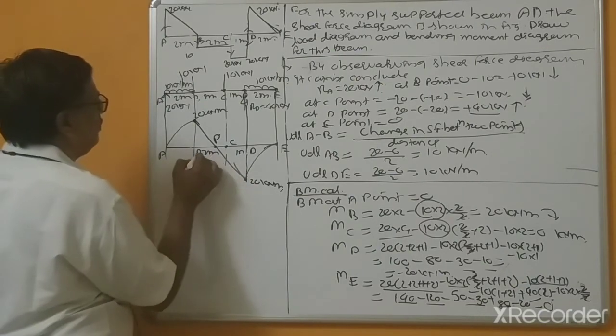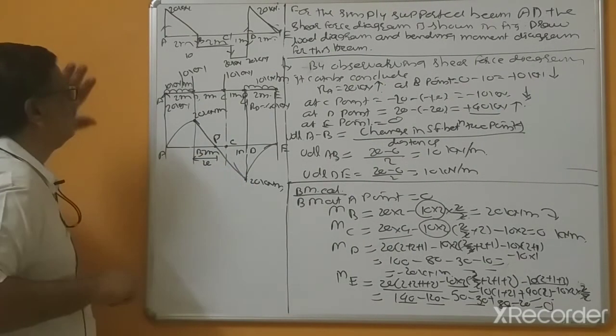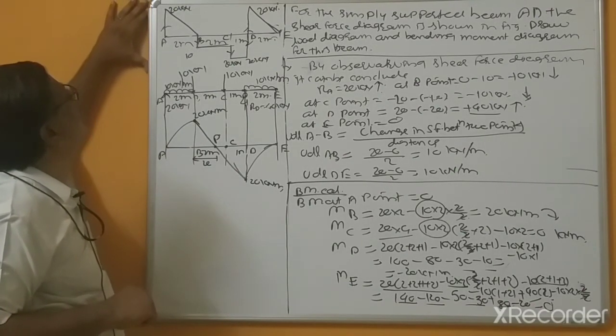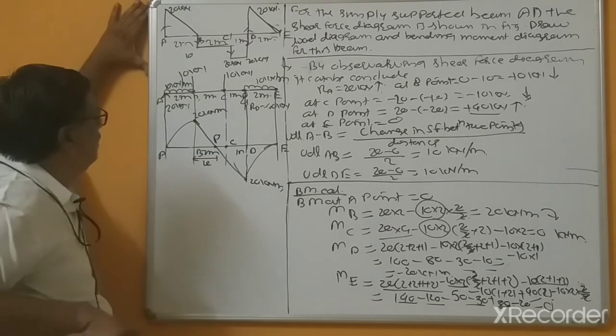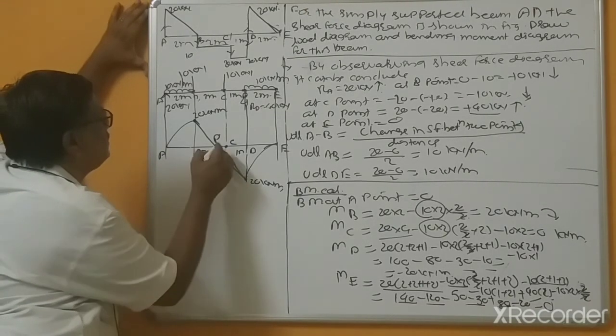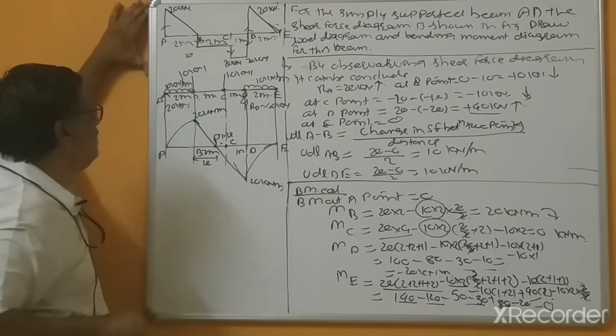Now this distance equal to, suppose, x. Alright, and this is 1 minus x, and this is a straight line.